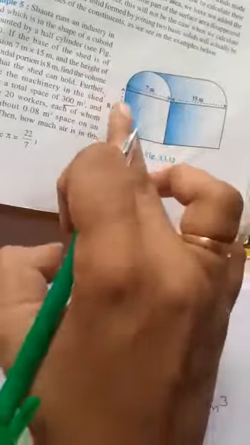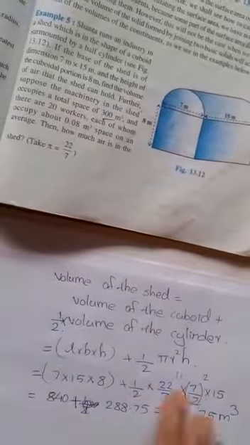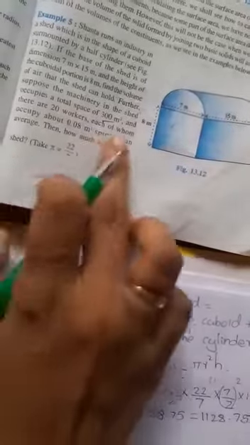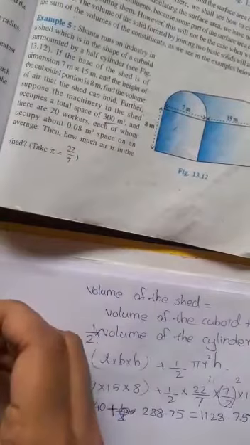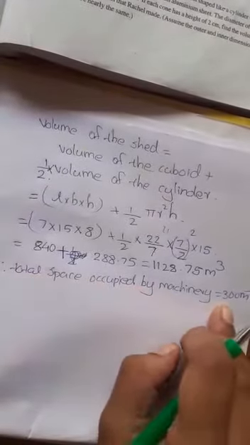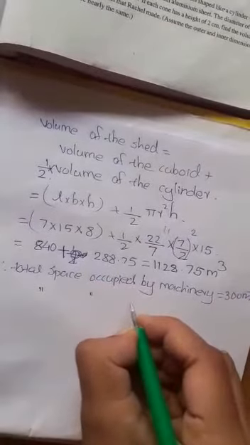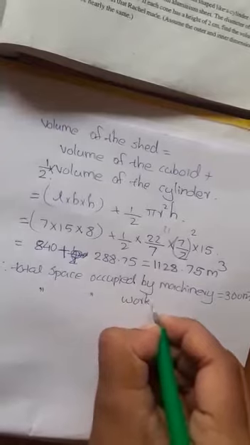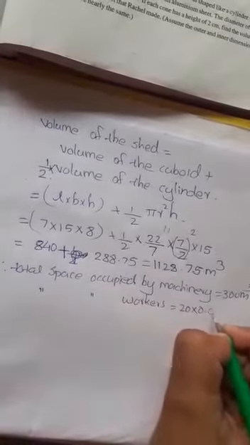Then we have to subtract the volume of the machinery and the volume of the total workers, each of whom occupies 0.08 meter cube space. Total space occupied by the machinery is 300 meter cube. Next, total space occupied by the workers: 20 workers, each of volume 0.08.